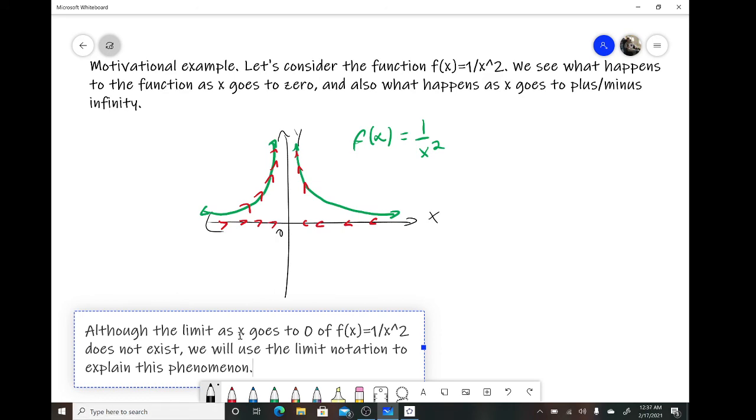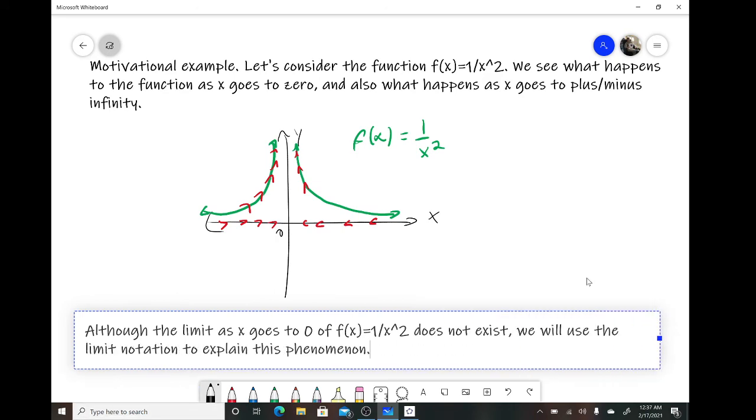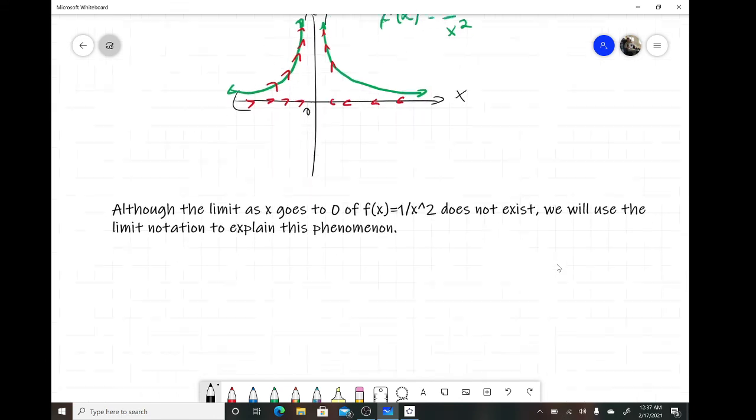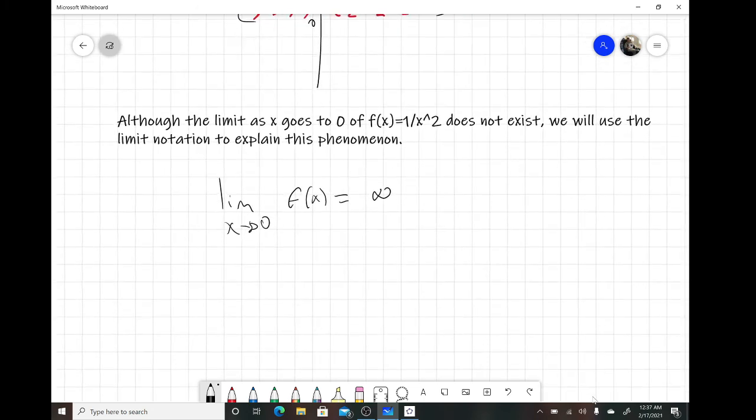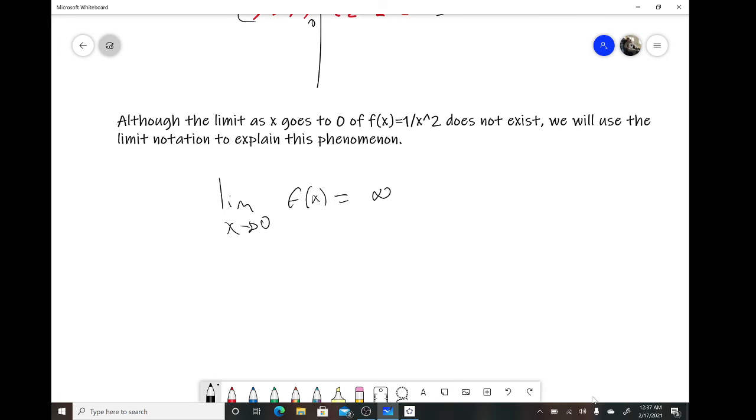So here's what we will say whenever this happens. Whenever we have a situation like this, we will write the limit as x goes to 0 of f of x equals infinity. Here the infinity symbol, so let me write this down.